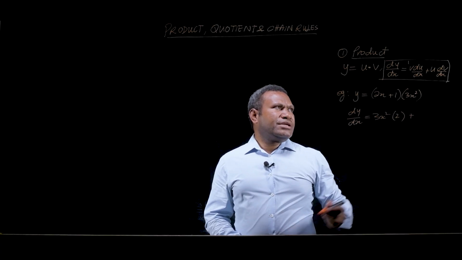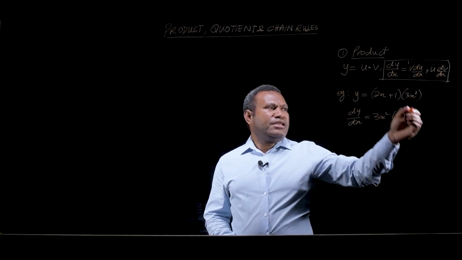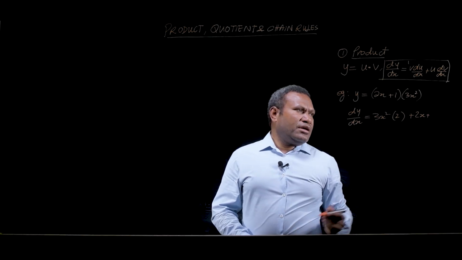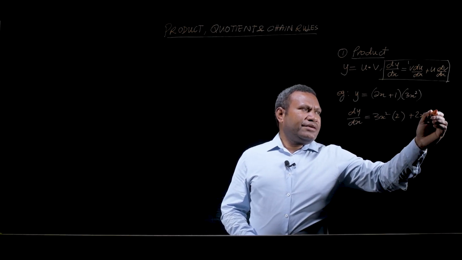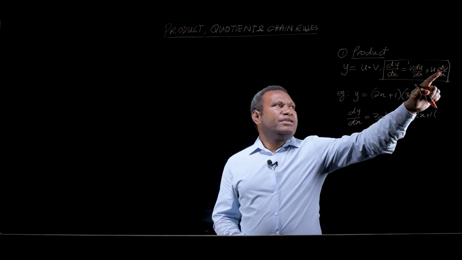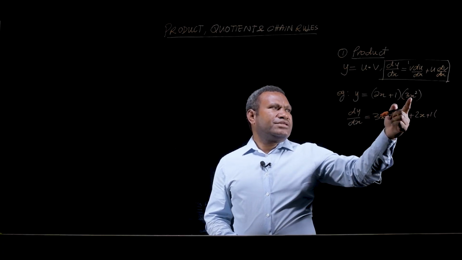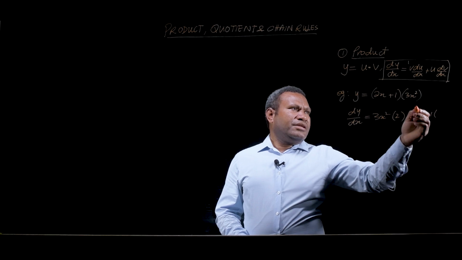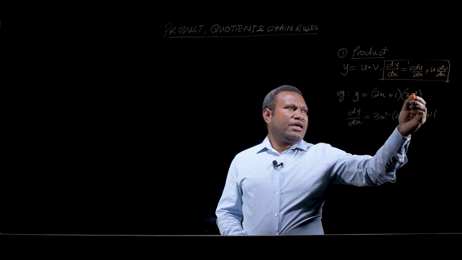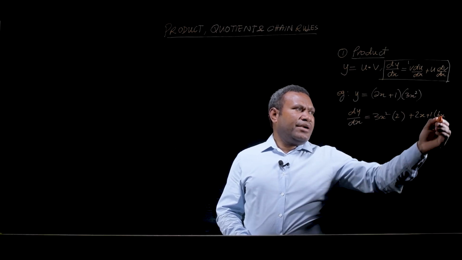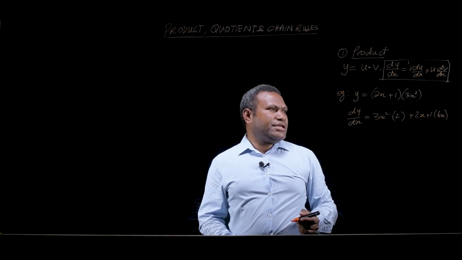So plus u, the first function, which is 2x plus 1, multiplied by the derivative dv over dx of the second function. We say the derivative of this function will be actually 6x by applying the rule for differentiation.